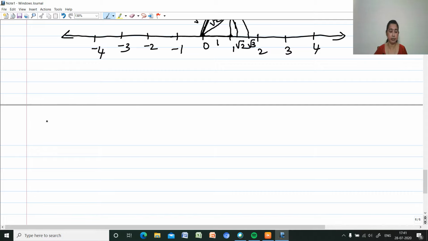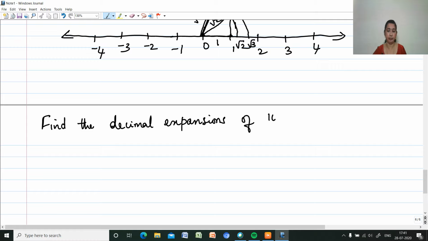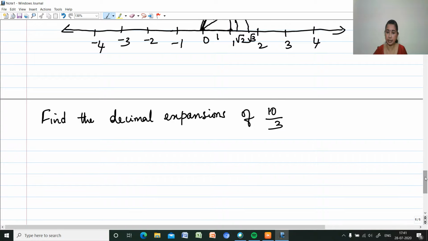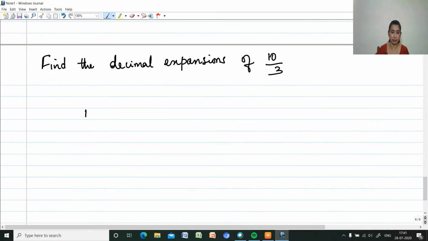So next is to find out the decimal expansion. Find the decimal expansions of 10 by 3. How to find out the decimal expansion of 10 by 3? That is, using long division itself we are finding out what is 10 by 3. 10 divided by 3. 3 here 3 times.